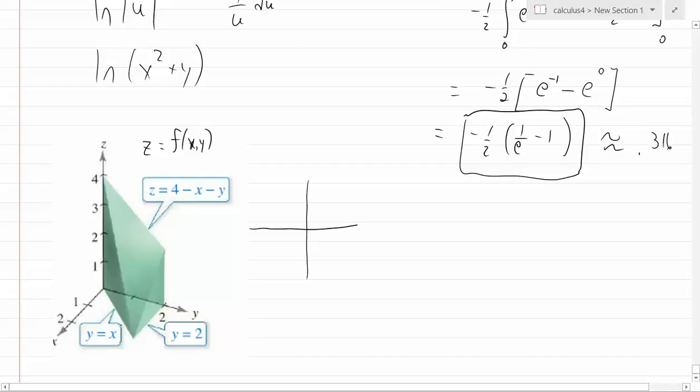So we have the line y equals x. Of course, we're just in the first quadrant here, first octant here. And then we have the line y equals 2. So this is the bottom of the figure.